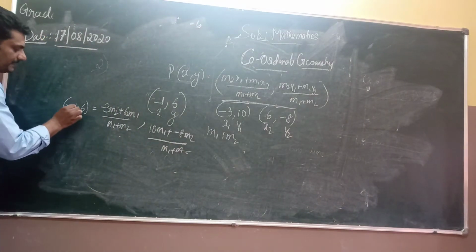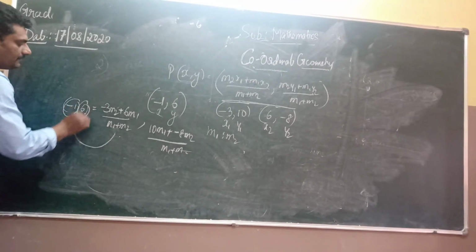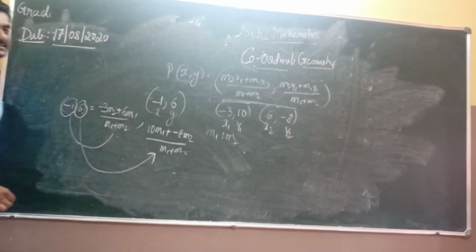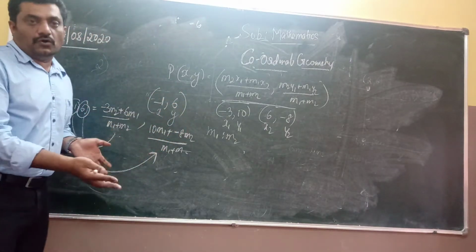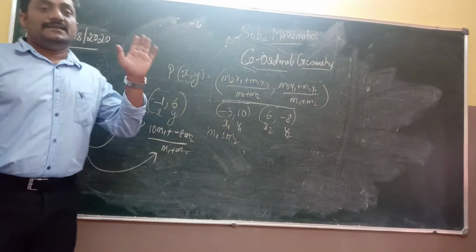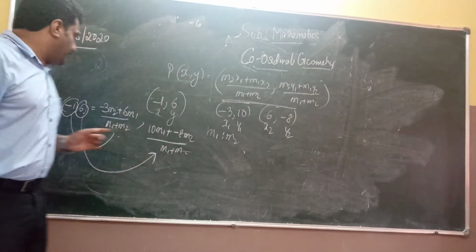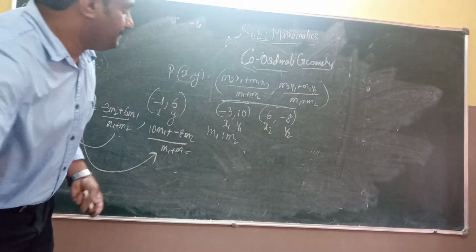Now either you can compare this one with this or this one with this. Anything is fine. It is not that you have to do both. Any one you do, you still get the same answer. In the last class, we had compared these two. This time we will compare these two.